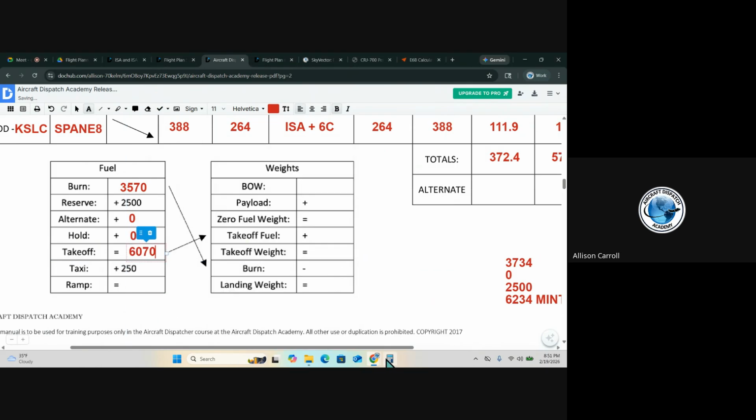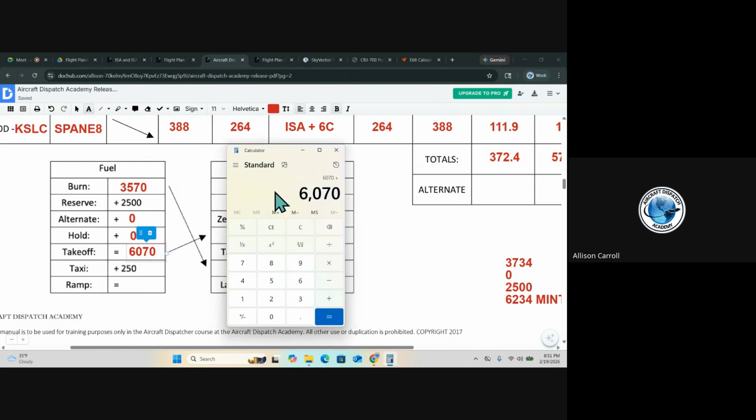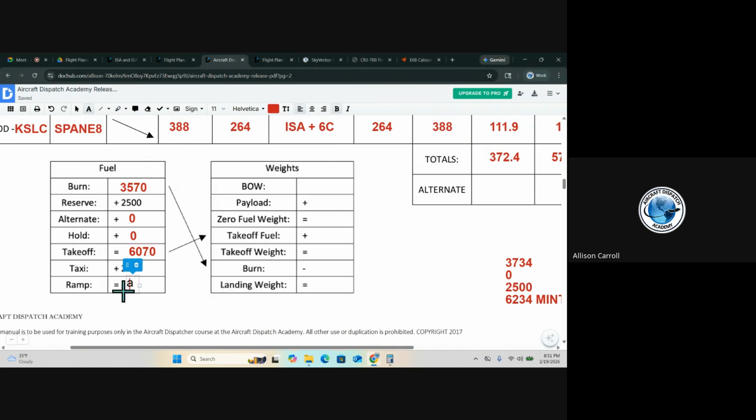We're going to add in our taxi fuel of 250. And this gives us our ramp fuel, or our block fuel, 6320. Now you see these arrows here. We're going to follow the arrows because we are good students. So our takeoff fuel, our minimum fuel for takeoff, is that 6070 right here.